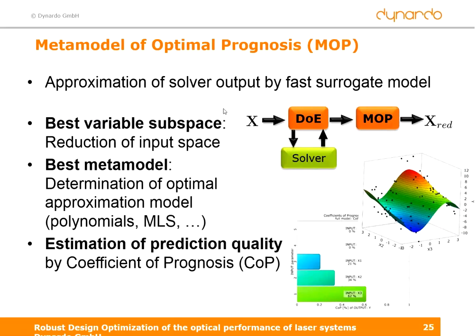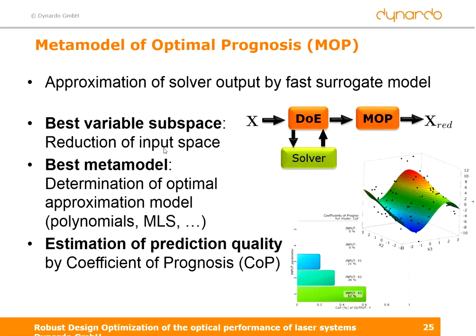What this algorithm actually does is it reduces the input space and automatically uses only the best variable subspace, which means you don't have to consider which input parameters are really having an impact on your responses.